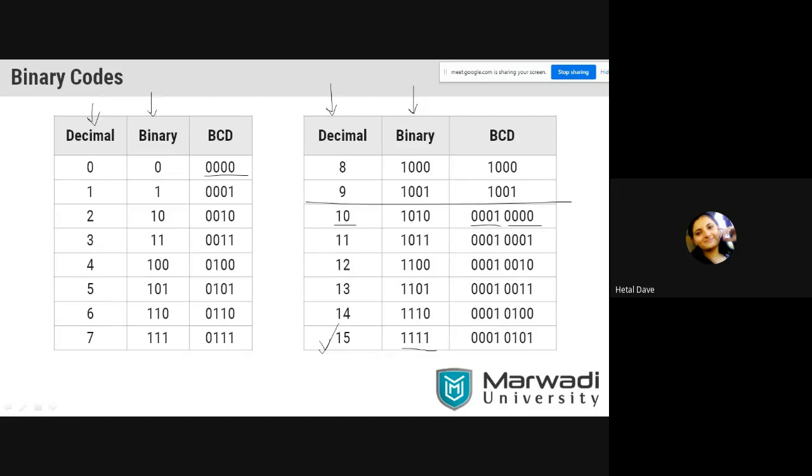You can divide 15 by 2 and get this pattern. In BCD, 1 is considered separately and 5 is considered separately. I hope now you can understand 0101 will give us 5.